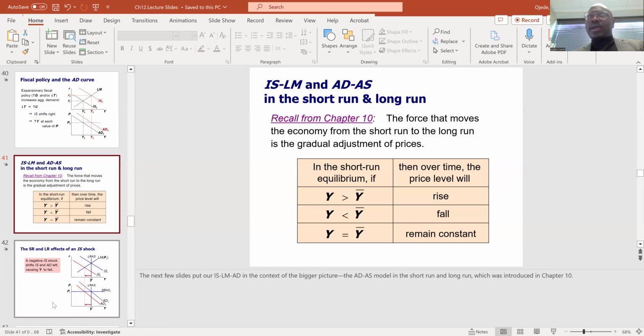So when the economy starts to adjust from a recession, for example, to full employment, prices tend to fall. Over time, prices fall. That's what I say. So here, you see P falls. Here, P rises. P stays constant because over time, the price level will rise when output is above full employment and fall when you're in a recession, and remain constant when the economy is already in full employment.